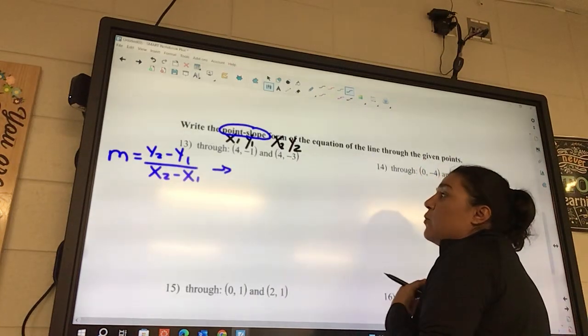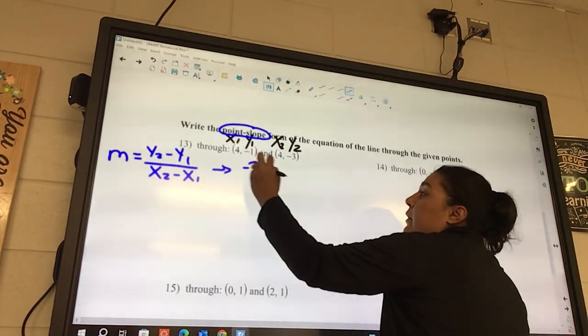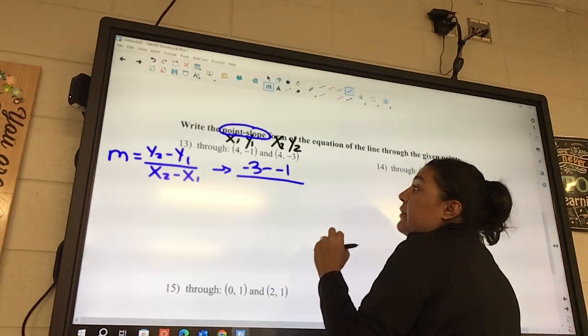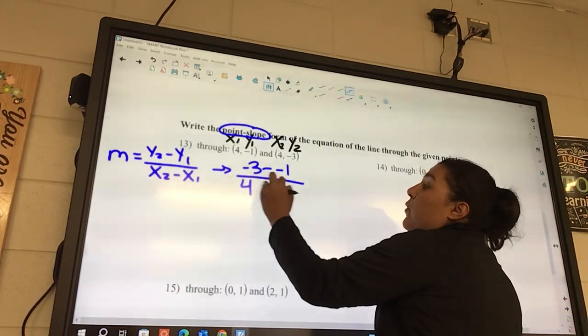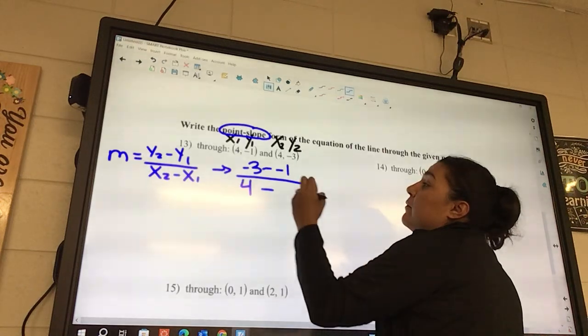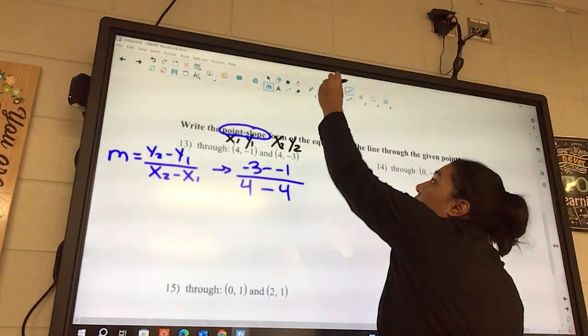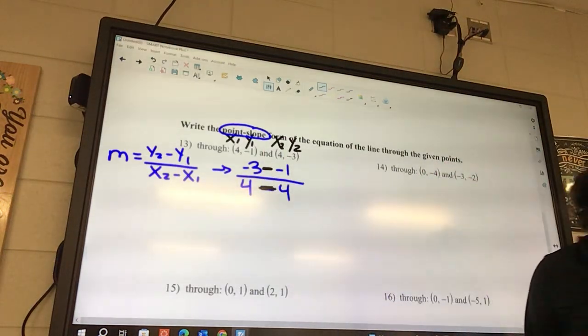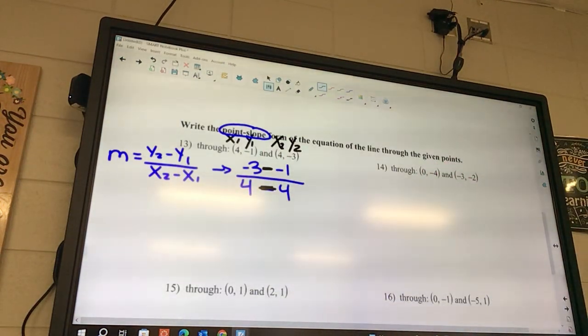So y2 is what? Negative 3. Negative 3 minus, what is my y1? Negative 1 over x2. Isn't it always going to be minus? 4 minus x1. You're always going to have at least one minus, aka that black one. Okay, so type that in your calculator and see what you get.